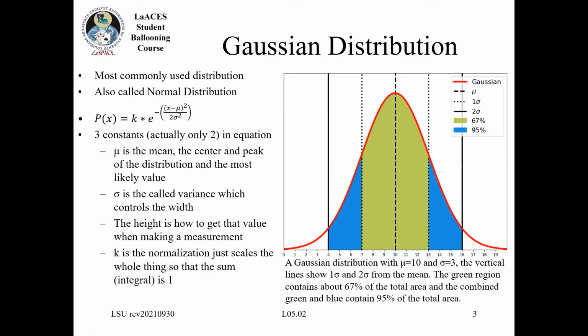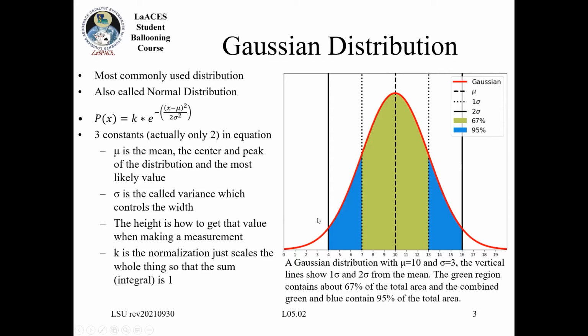If it is a small value, you'll have a very, very narrow peak. In fact, if you think about what would happen as sigma went to 0, this would go to a single vertical line at the mean, which means I'm only ever going to get this one possible value because I've been able to reduce my random error so much.